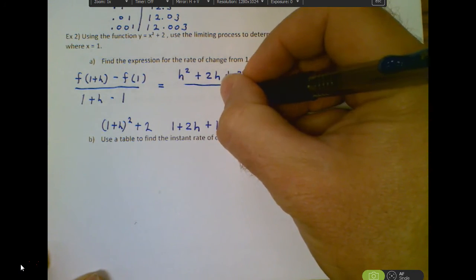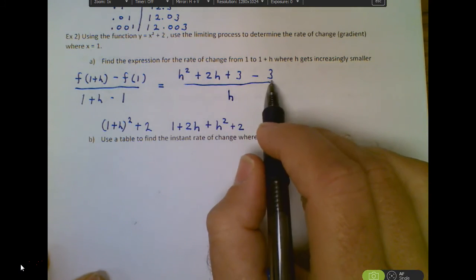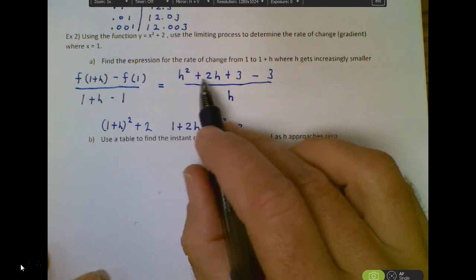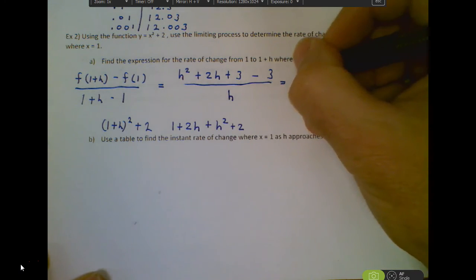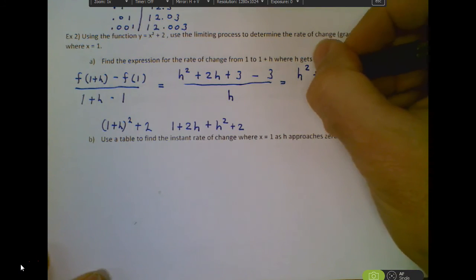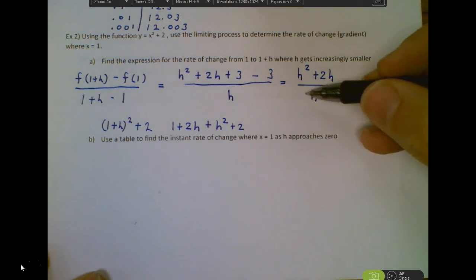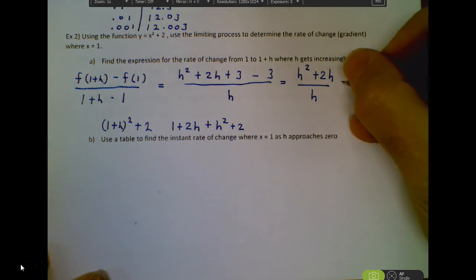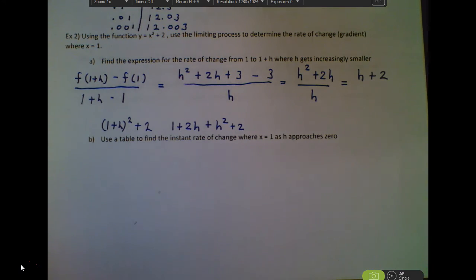A couple things that will always happen if you do this right. My constants will cancel, and I'll have an expression that only has h in it. So that I can then divide out the h from my two terms. And there's my expression.